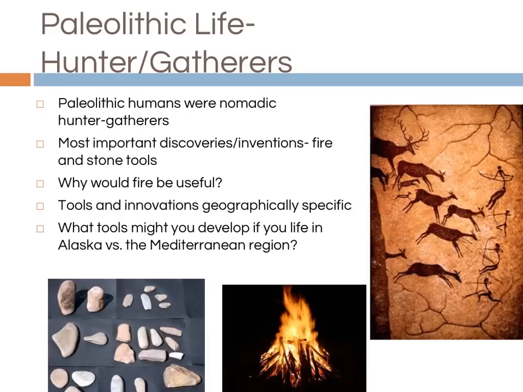You live right on a body of water, the Mediterranean Sea, specific species to that area, versus Alaska, where it's much colder. You probably also are doing a lot of fishing, but different species. And so the point here is that people took the resources that they had in their environment and made tools and clothing and shelter to fit that environment.